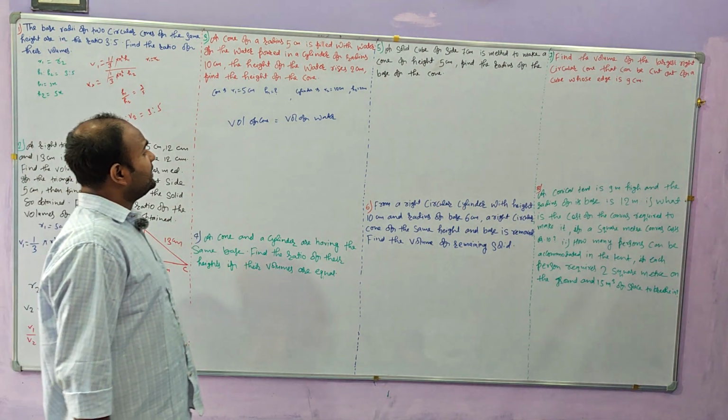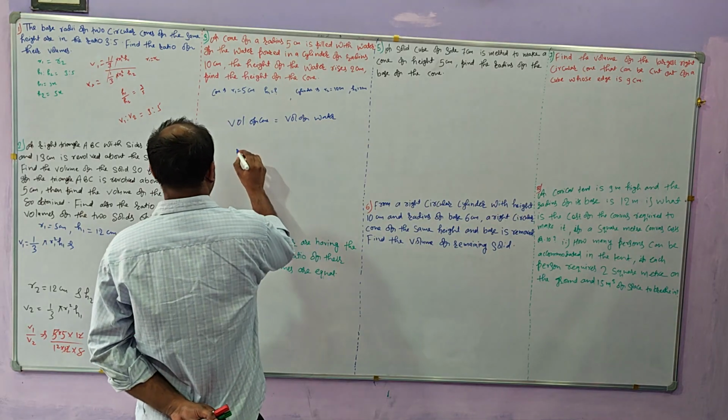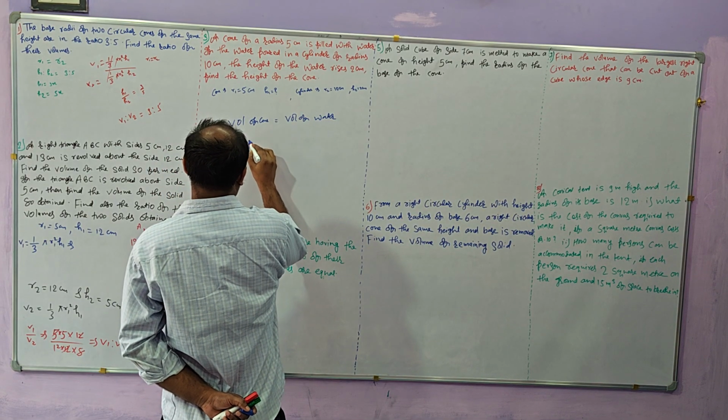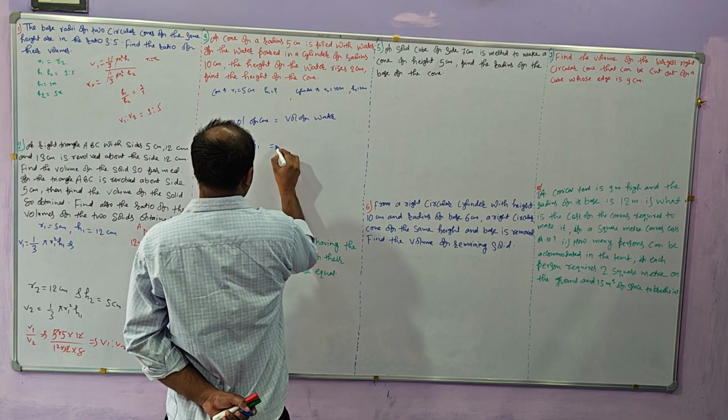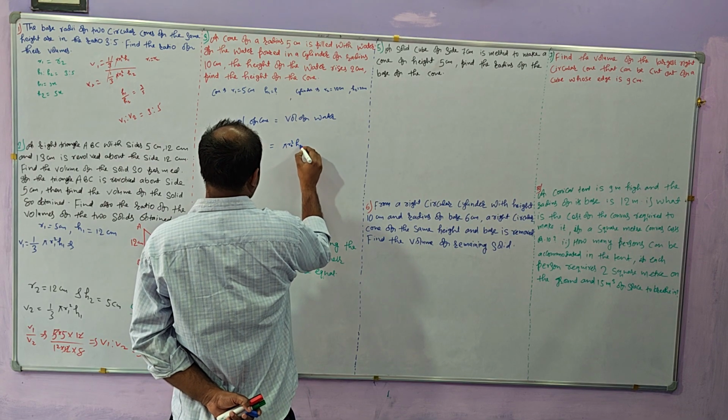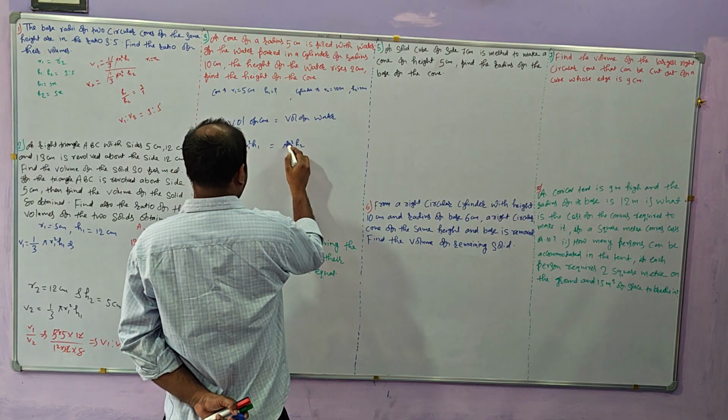So we easily say that 1 upon 3 pi R1 square H1 is equal to pi R2 square into H2. Pi cancel.